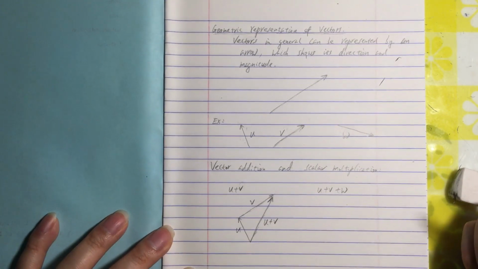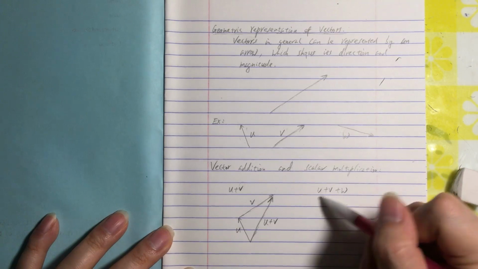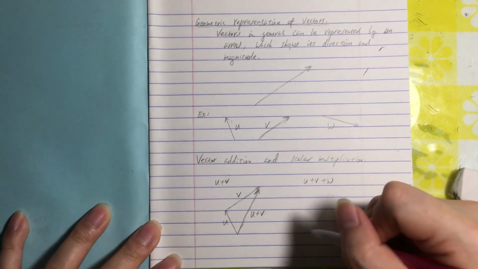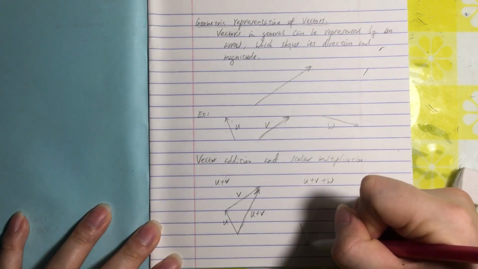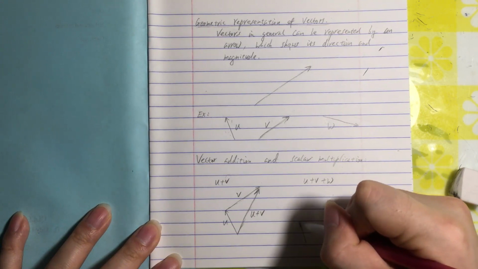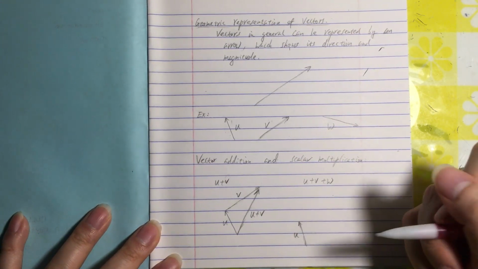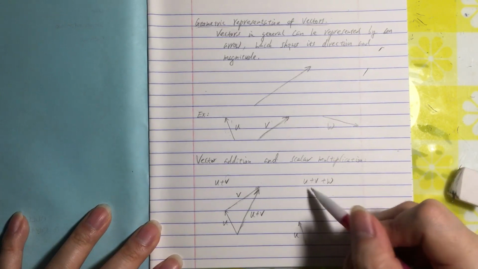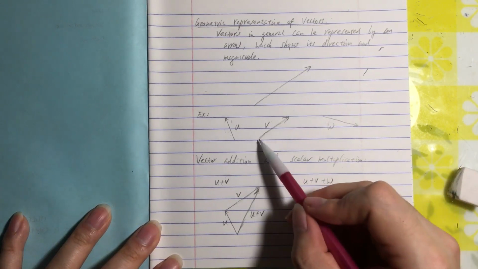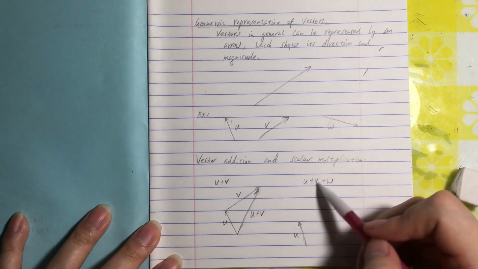When we try to add three vectors, draw vector u first. That's vector u. Then draw vector v.